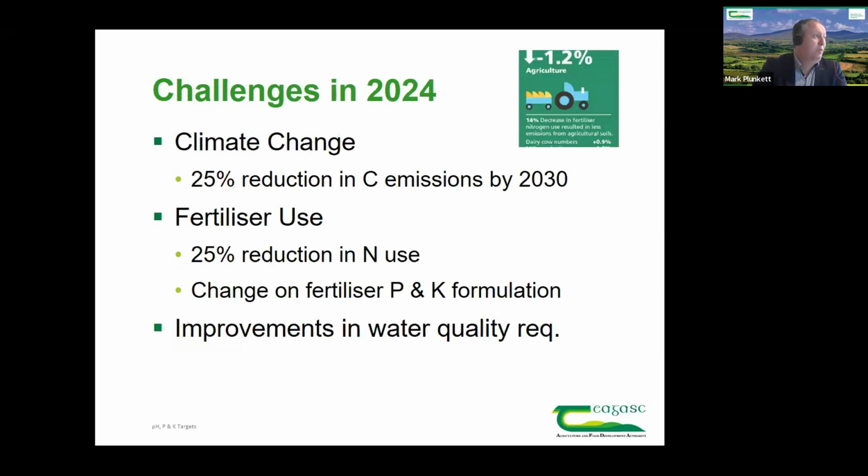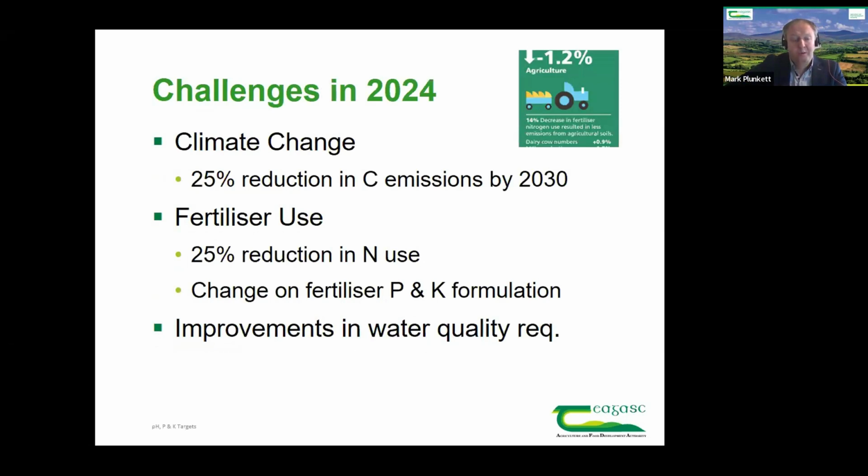Again, there are many challenges out there on the agricultural scene. Climate change is a big one. Just to remind people here this morning, we have a target of a 25% reduction in carbon emissions by 2030, and we're getting quite close to that target as we speak in 2024.